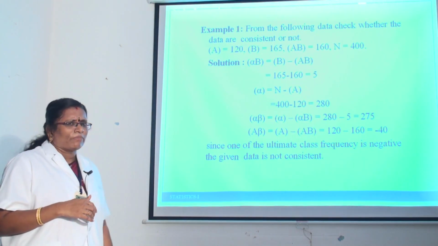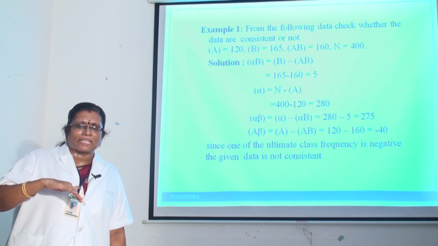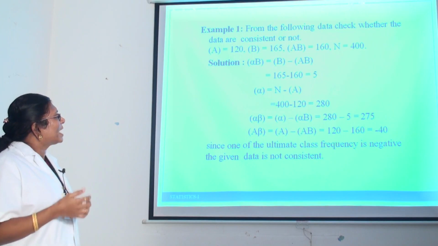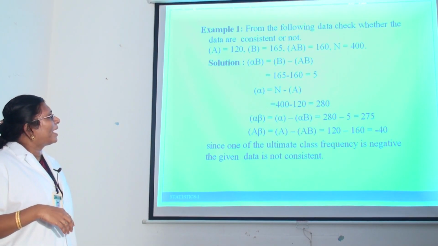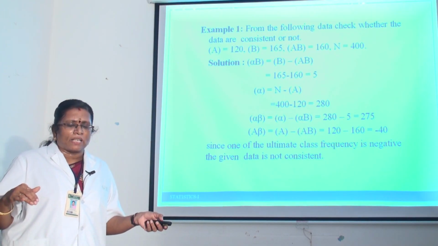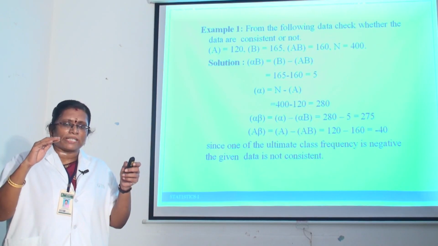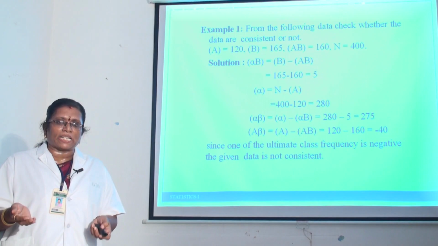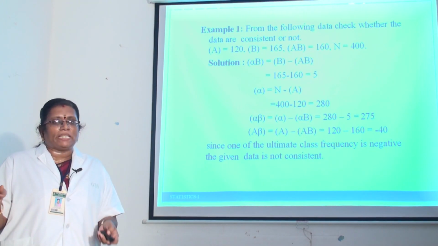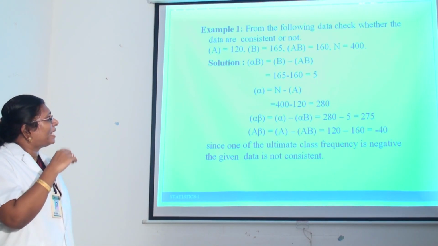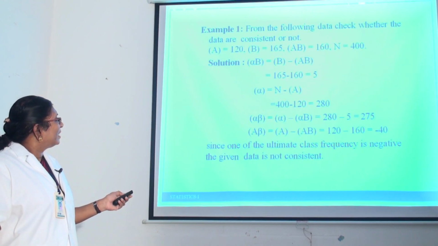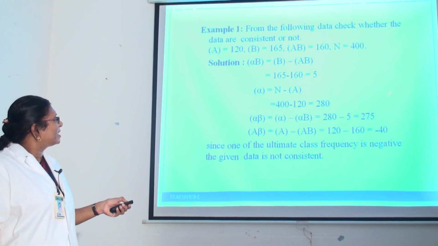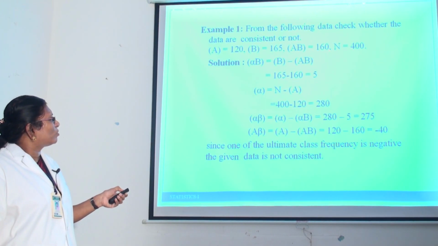I have to check whether it is consistent or not. How to check is, I have to find the remaining ultimate classes. The first one is AB, second is alpha B, third is A beta and the last one is alpha beta. They have given this AB class frequency as 160.